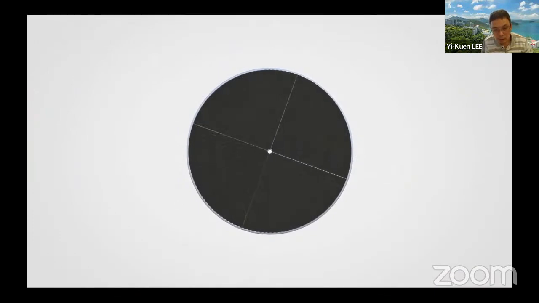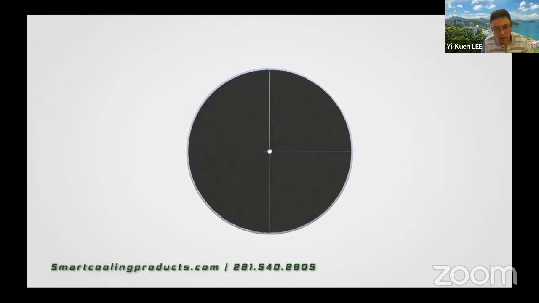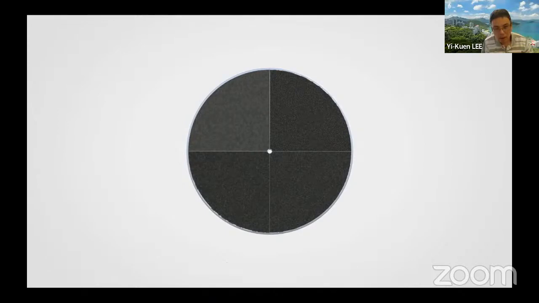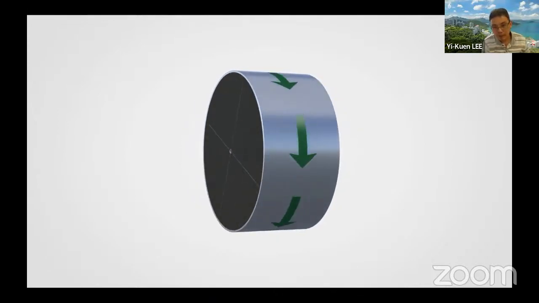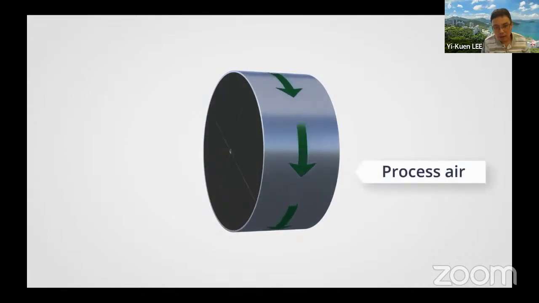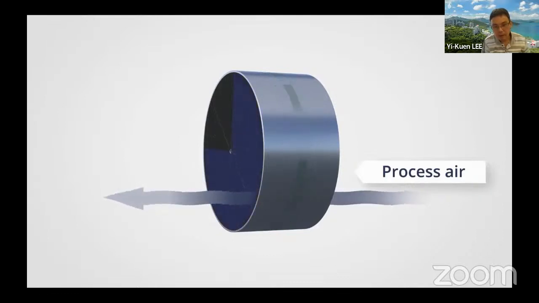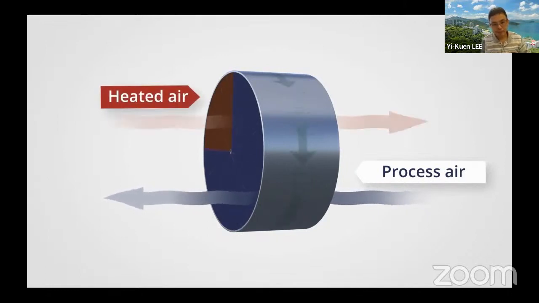As we show you here, this wheel is split into 4 quadrants. We run 2 opposing air streams across the wheel while it rotates at a very slow speed. We run process air across 3 of the 4 quadrants, and in the last quadrant, we run heated air in the opposite direction. We call this reactivation air.